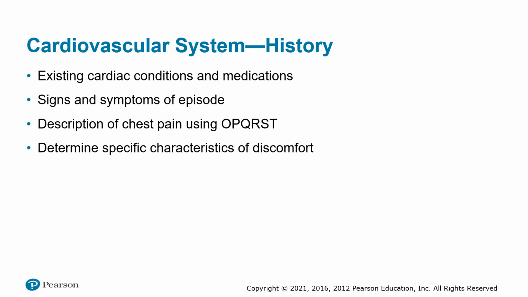All of those things are good questions to ask. You want to know what the signs and symptoms of this episode are and compare them to previous episodes if they've had previous episodes. And then you want to get a description of the chest pain using that OPQRST mnemonic, and then determine any kind of specific characteristics of discomfort.